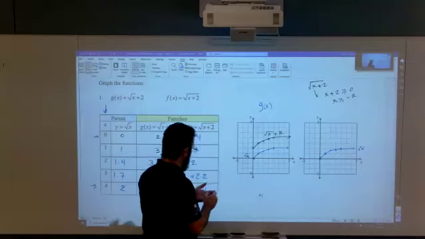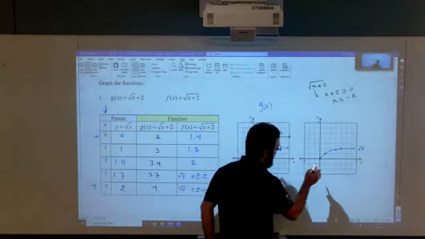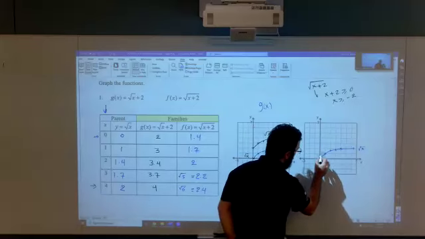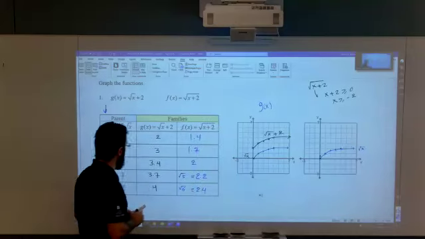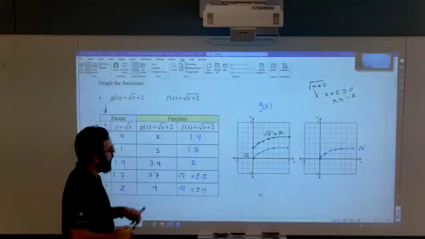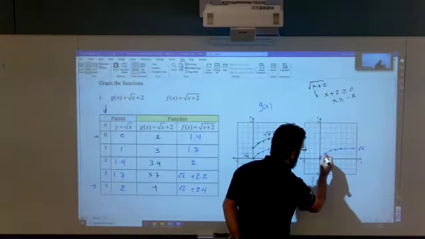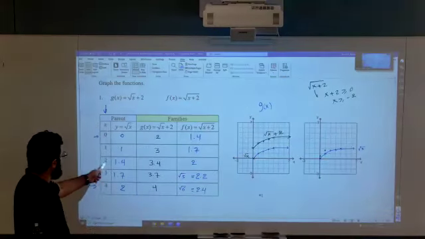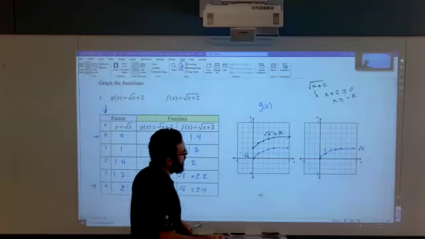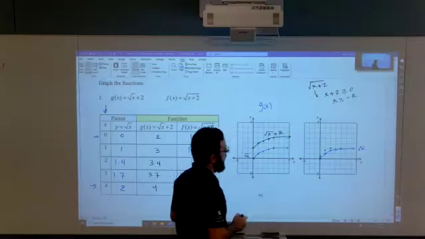So it's going to be the new graph 0 and 1.4. Next one: 1 and 1.7. 2 with 2.